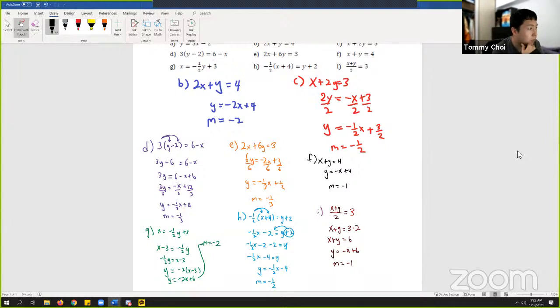Now, that being said, we have our equations here. The question asked us which ones are parallel. Looking at these, if someone wants to put out the letters for which ones are parallel, feel free to.